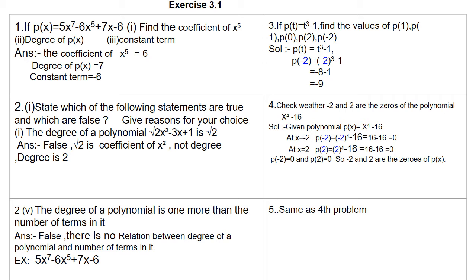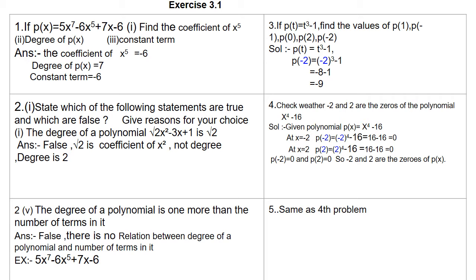One is 5x to the power of 7, second is minus 6x to the power of 5, third is 7x, and fourth is minus 6. The number of terms is 4 and the degree of this polynomial is 7. So there is no relation between the degree of the polynomial and the number of terms in it. So this statement is false.